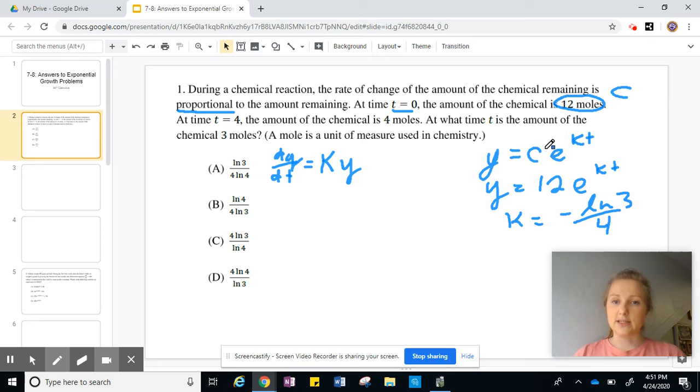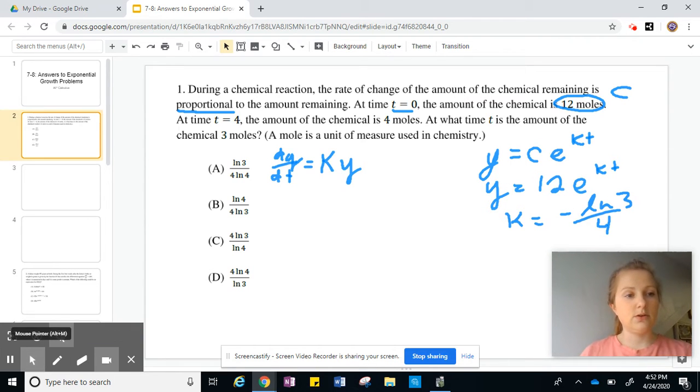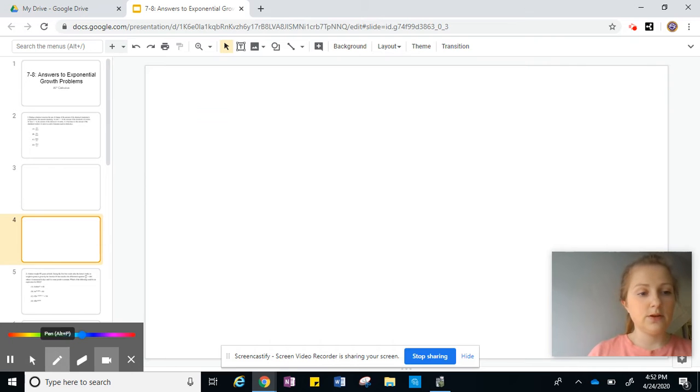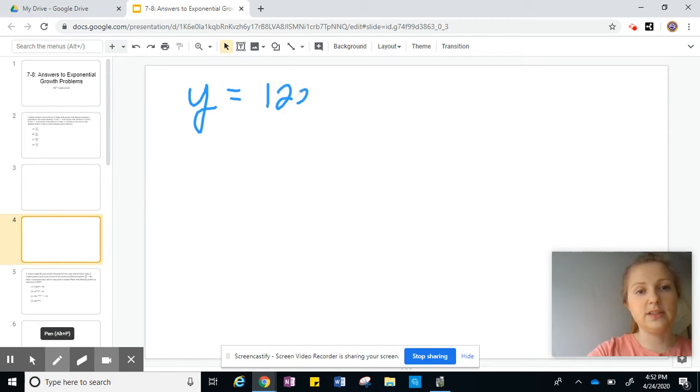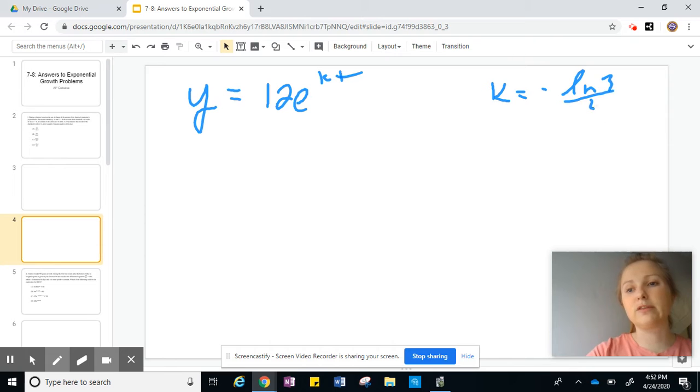All right, so now that we have that, we have pretty much everything we need. We know that C is 12. We know that k is this right here, so we can now find t when y equals 3. So let's go over here and do that. So y equals 12e to the kt, where k equals negative natural log of 3 over 4.